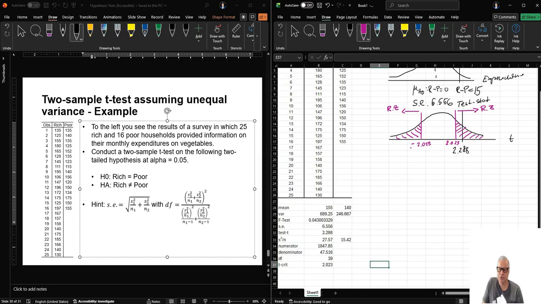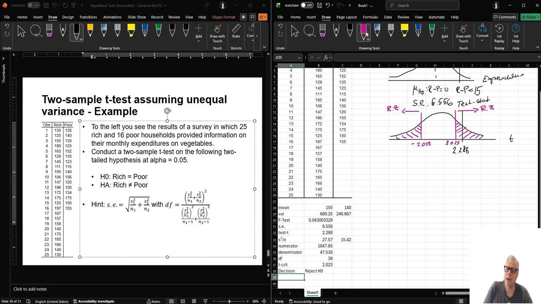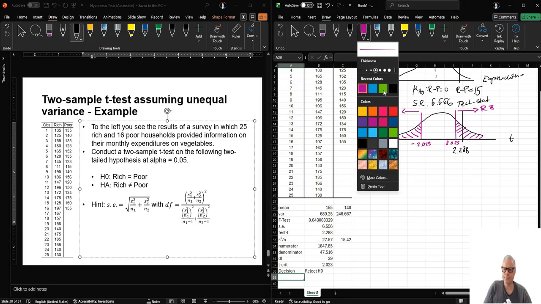So at this point we conclude that we reject the null in a two-tailed test. Reject null. So that's our conclusion or decision. Reject H0. That's the decision. But of course we could have made a type 1 error.